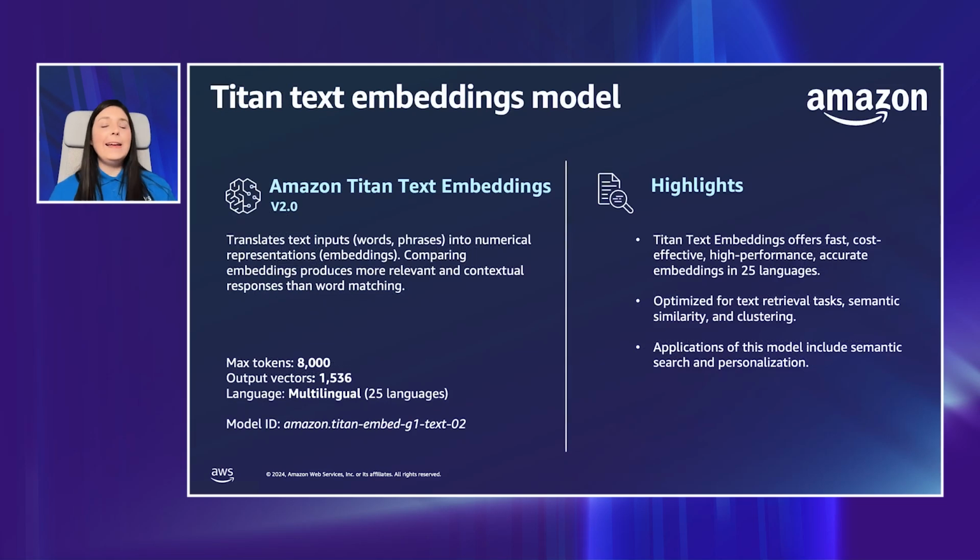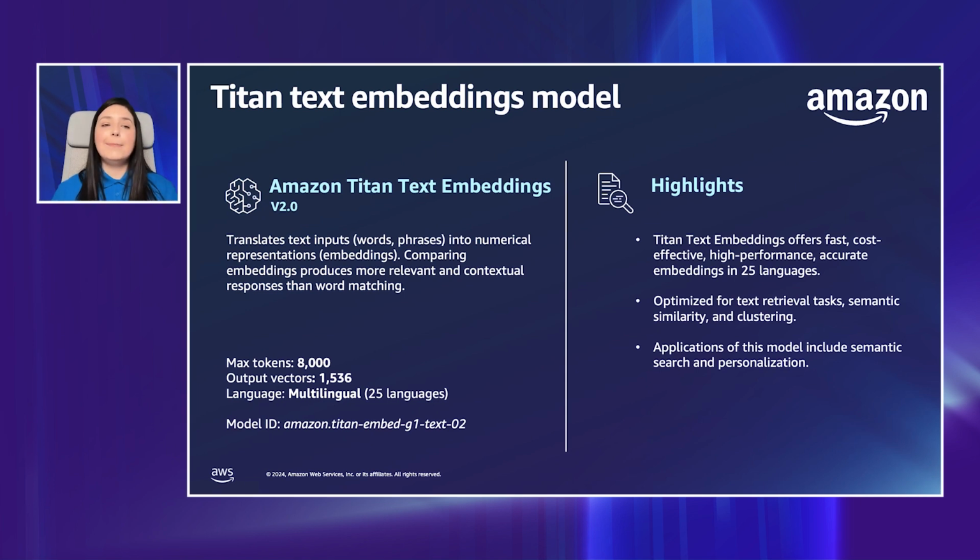So now that we know why embeddings are important, which kind of embeddings are available in Amazon Bedrock? Here I'm going to talk about text embeddings, because we also have a multimodal embedding with Titan, but I won't dive deeper into that one today. Talking about text embedding, on Amazon Bedrock, we provide you with Titan text embedding models. The Titan text embedding allows you to embed text of up to 8,000 tokens into a vector of 1,536 numbers.